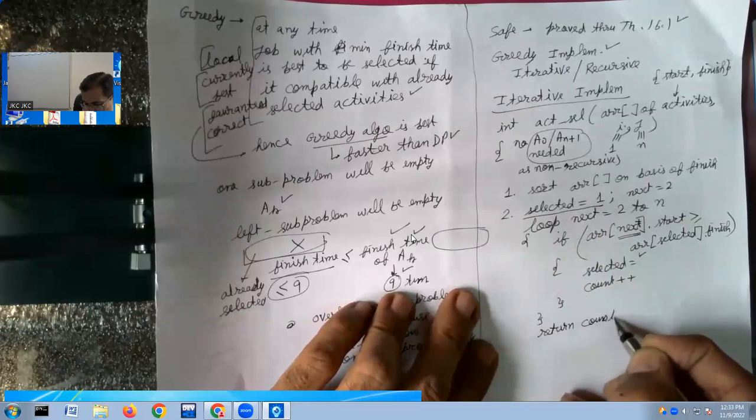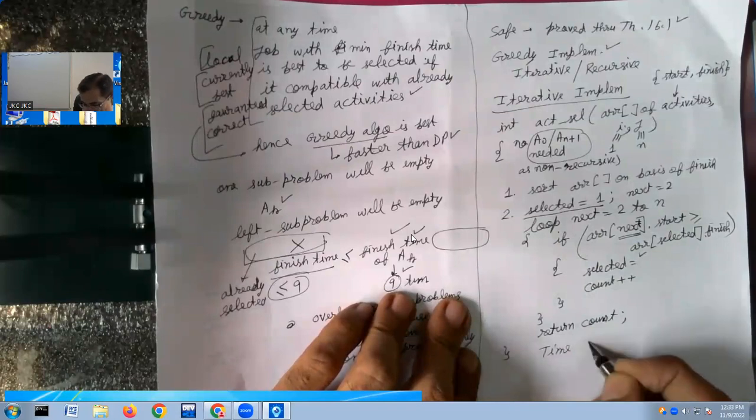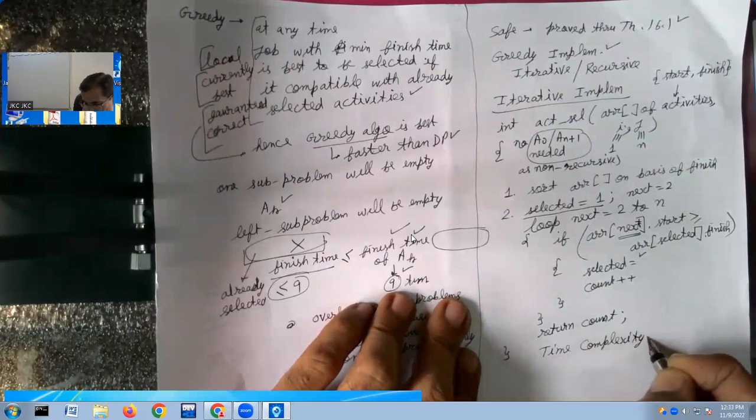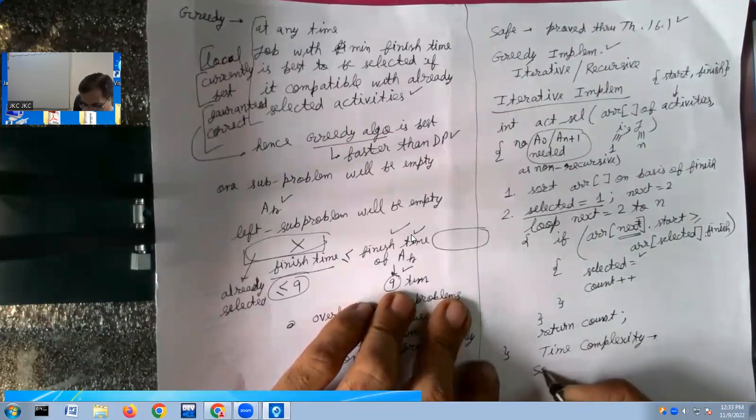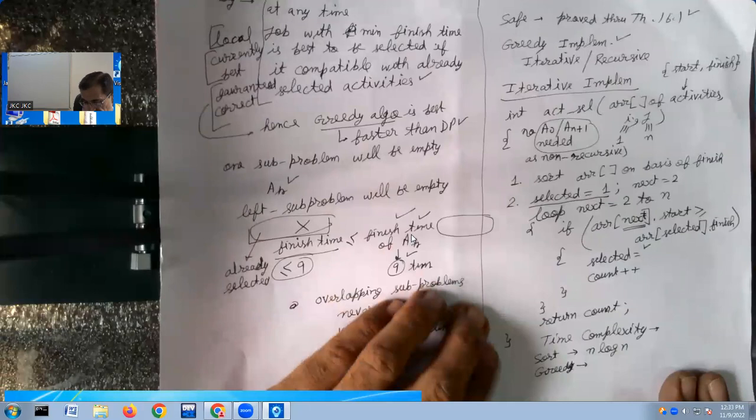More than this code, I think I need not write, and you can probably do that. Time complexity: you can easily see in this case, if you have to sort, sorting will take n log n for a general sorting algorithm. And after sorting, how much will be the greedy algorithm's time complexity?